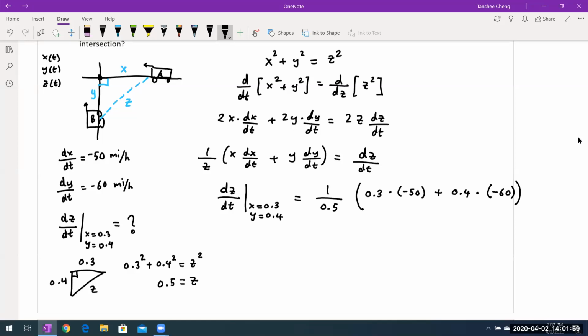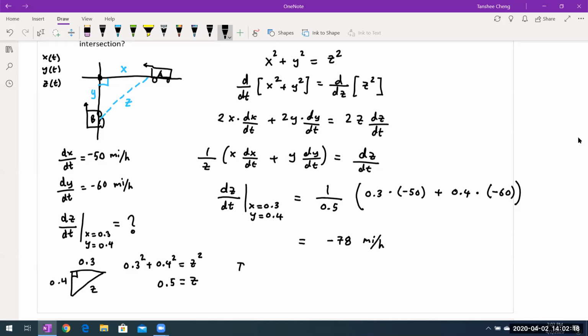And now, using your calculator and computing this, that'll give me negative 78, okay? And this is basically talking about miles per hour. So what is the interpretation for this value?